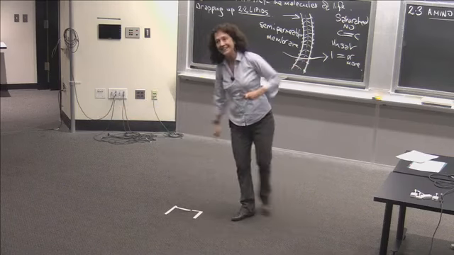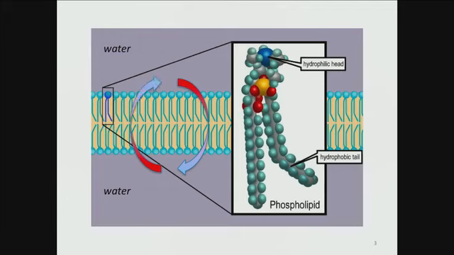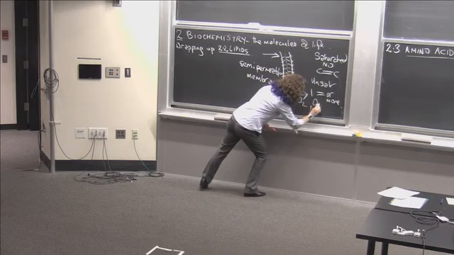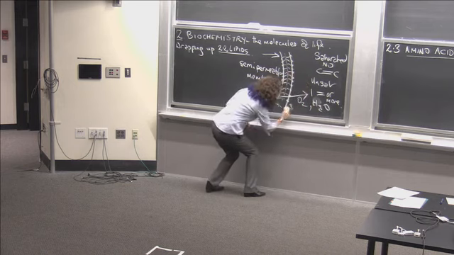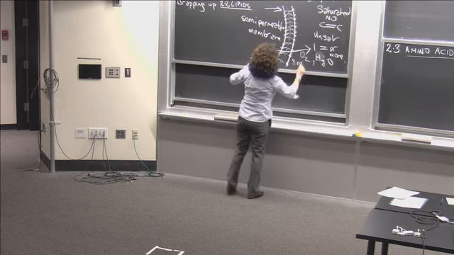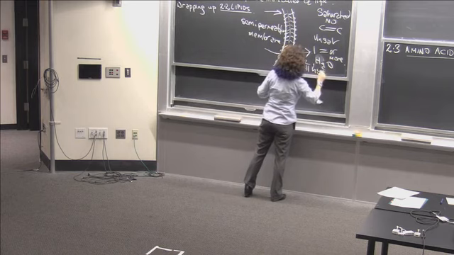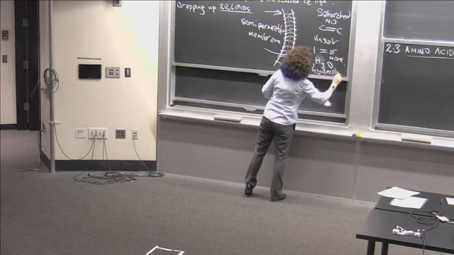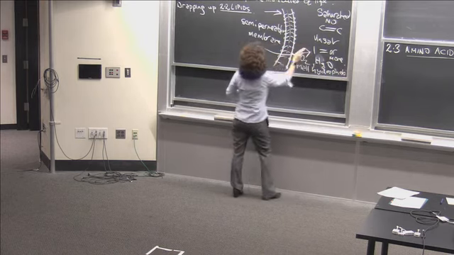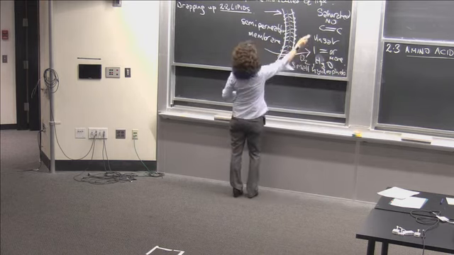Okay, so we have a lot of concerns, and we'll see later about how things get in and out of cells. But most commonly, things like oxygen or water and other small hydrophobic molecules can pass readily in and out through the semi-permeable barrier, but other things that are charged, things that are big, need a different mechanism to get in and out.